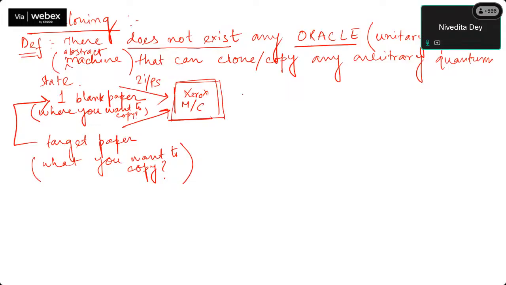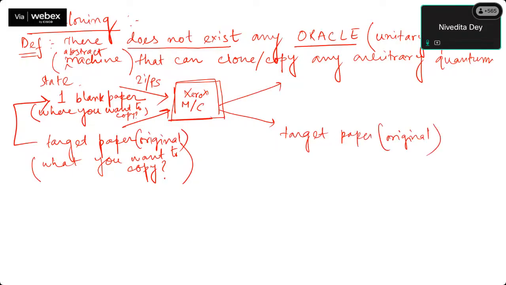And what output will you get? Of course you get back your target paper, the original paper, as it is. There will be no change. And the blank paper will now be your other paper, the copied or Xeroxed paper.